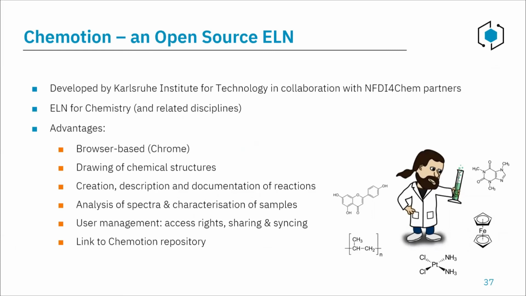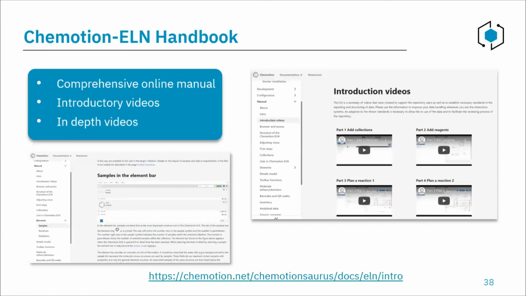It's an ELN specifically for chemistry. Some key advantages are that it's browser-based, so you can access it from any device you want. It doesn't have to be a Windows machine. It's specifically designed for chemistry, so the drawing of chemical structures is very heavily integrated. You can actually analyze some of your data within it, and more functions are being continuously expanded.